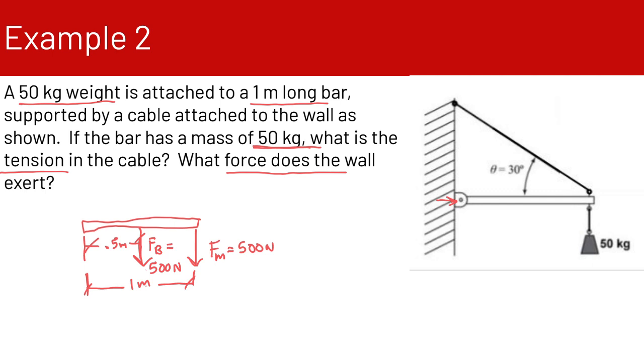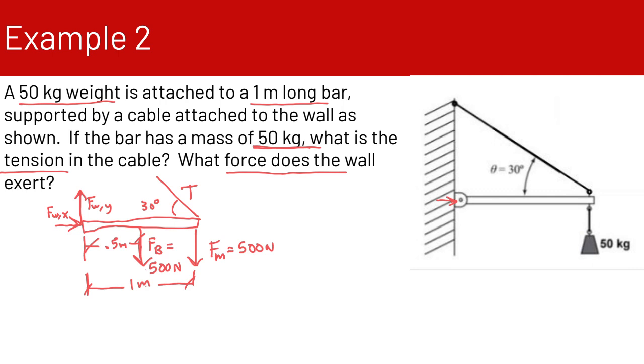Okay, and then we have our cable here with a 30-degree angle, and this is tension. So we have the force of the wall, the force of the wall in the y direction and the force of the wall in the x direction.